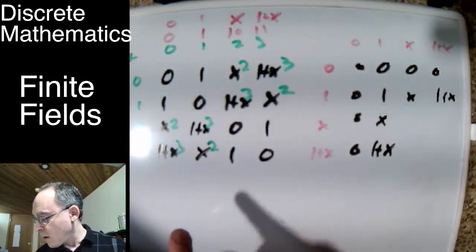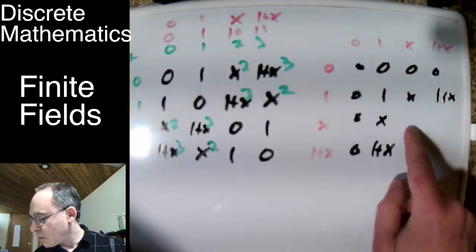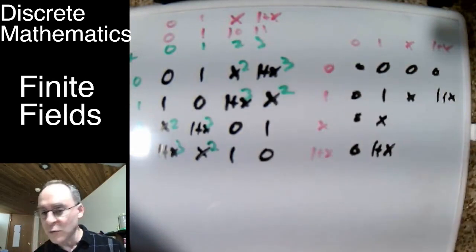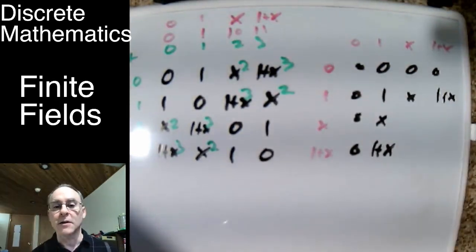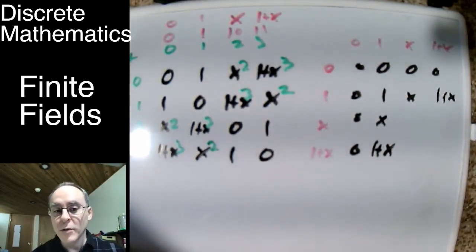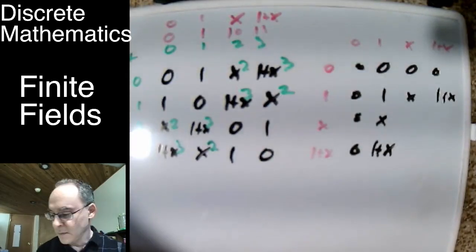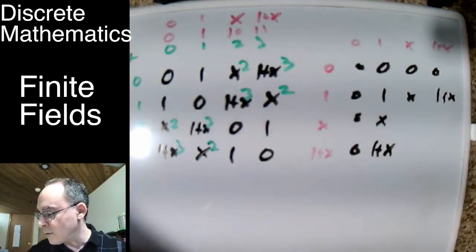We don't want to do our polynomial multiplication modulo x squared, because then we have x squared right here, and x squared mod x squared is 0, and that's exactly what we don't want. We don't want to get zeros here. So we need irreducible polynomials, which are just polynomials that can't be factored using the digits that we're allowed to use here. We're using just zeros and ones as our coefficients for the polynomial.